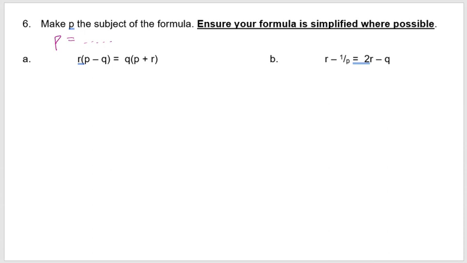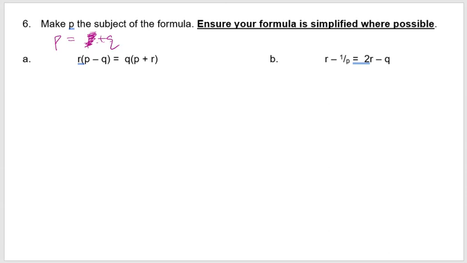So if my formula was like P is equal to P plus Q, and I know the value of Q, this is like saying, right, to work out P, you need to take P and add Q to it. Well, I can't work that out because I don't know what P is. You cannot have your subject on the other side of the formula. So we need a subject just on one side.